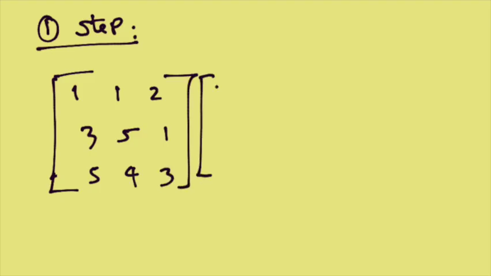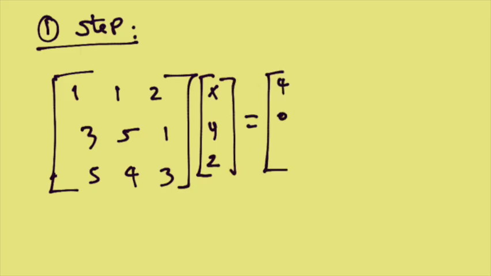And then our x, y, z is equal to 4, 0, 7. Our step 1 here is to get this one to 0. Then we pivot from that.